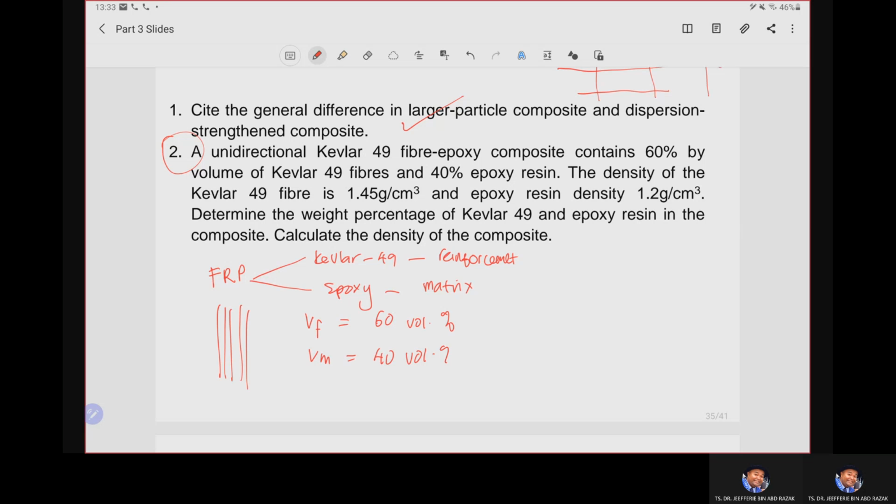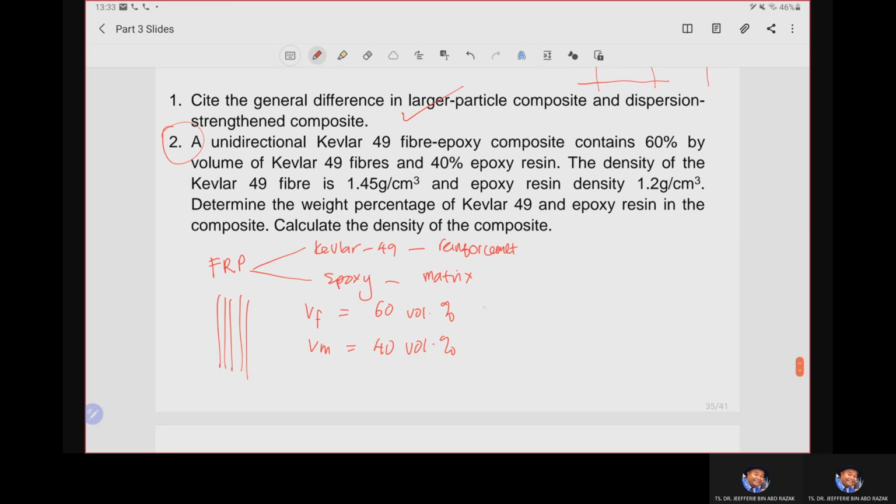The density of the Kevlar fibers, rho F, equals 1.45 gram per centimeter cube, and the epoxy resin has a density, rho M, equal to 1.2 gram per centimeter cube.